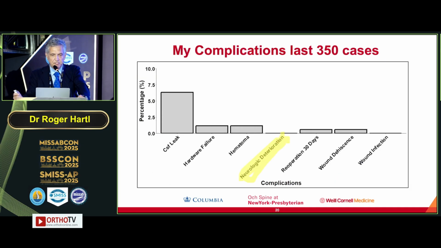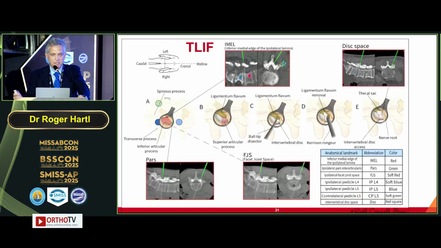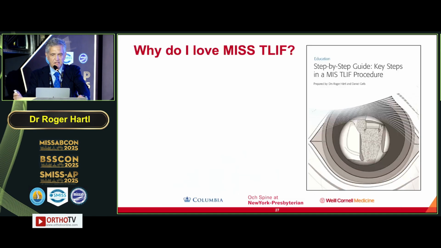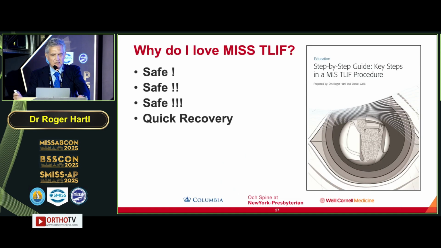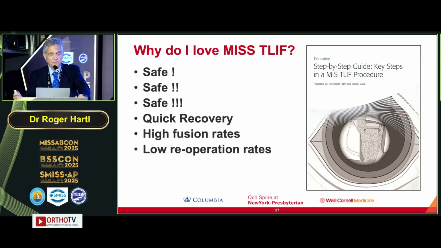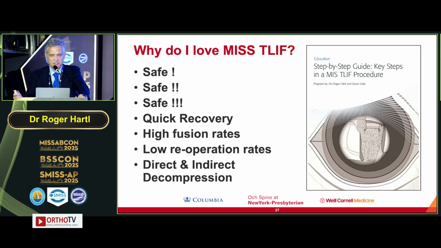MIS-TLIF is a great option. And why MIS-TLIF? Because it's just a very, very safe operation. The complication rates are very low, as we've heard earlier. High fusion rates, low reoperation rate, and it gives you the option to get direct and indirect decompression.